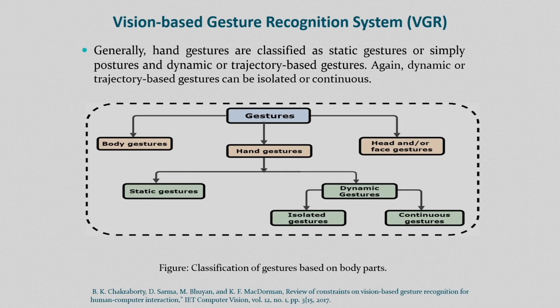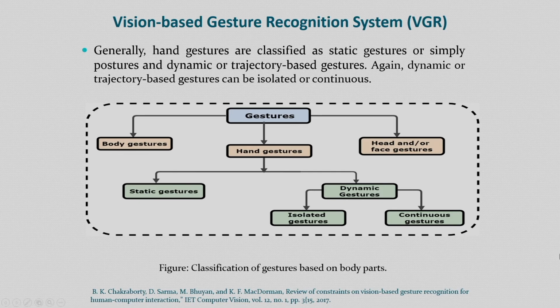As explained earlier, I may have static gestures or dynamic gestures, and I can consider the isolated gestures or the continuous gestures. In case of the continuous gesture, I can perform all the gestures continuously, like the fluent finger spelling I can do. But in case of the isolated gestures, I can perform a particular gesture at a particular time.